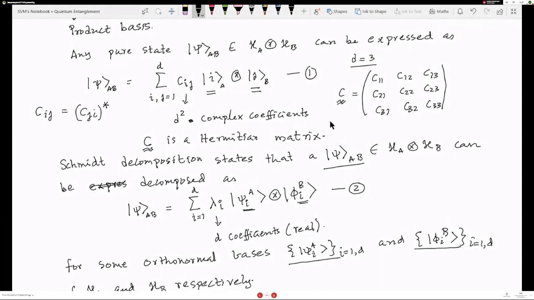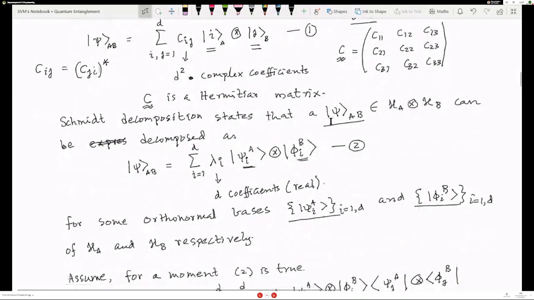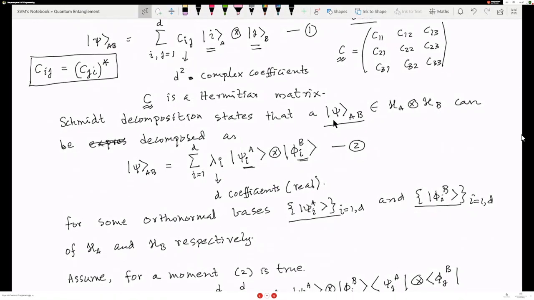Correct? Yes, sir, this is what we should have. But I'm asking why C is a Hermitian matrix.